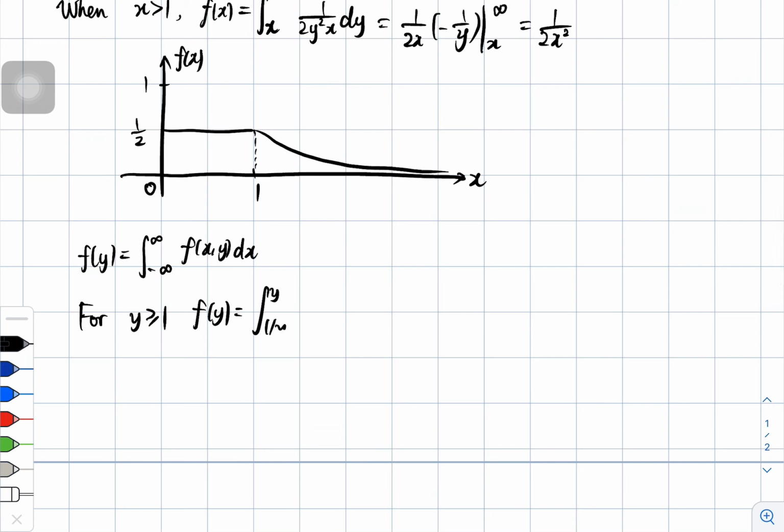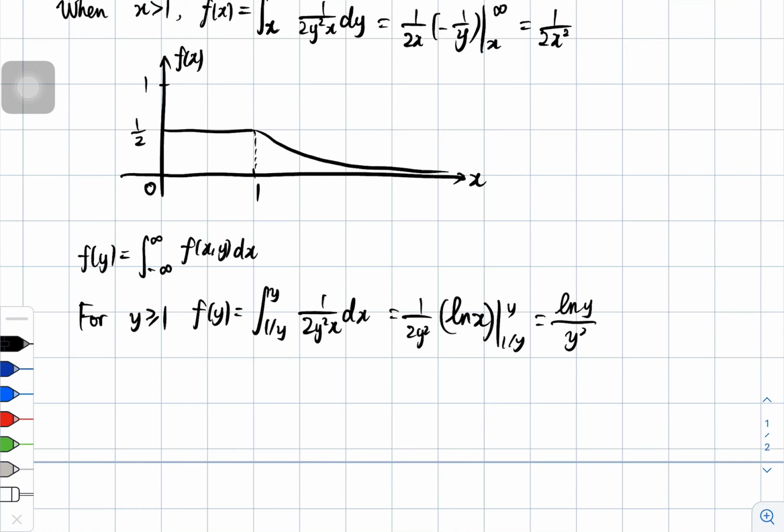So from 1 over y to y, 2 over y squared ln x, which is ln y over y squared.